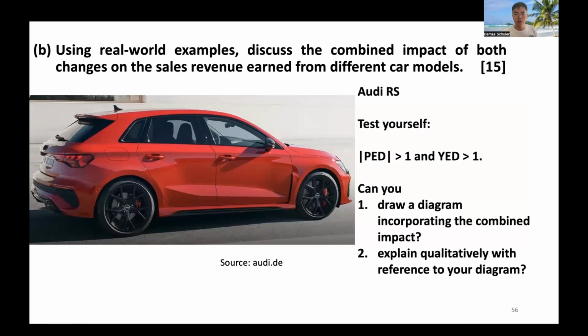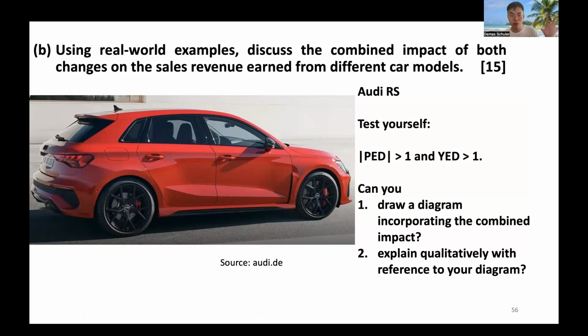Just to test yourself, for the Audi RS, given that PED is more than 1 in magnitude and it's a luxury product, so YED is greater than 1, can you draw a diagram incorporating the combined impact?